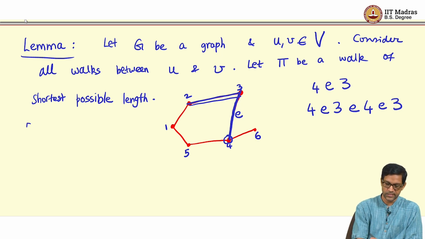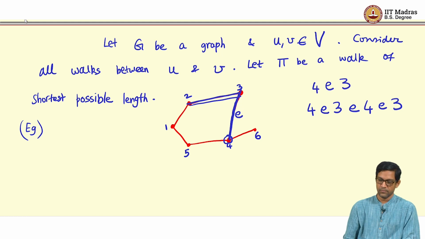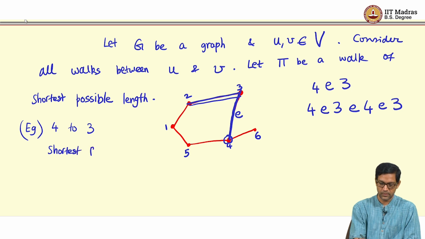So, before I state the lemma, these are just some preliminaries about what shortest paths look like. For example, from 4 to 3 in this graph, there is only one shortest path, and that path just takes the edge E. So, it goes from 4 to 3 using the edge E.